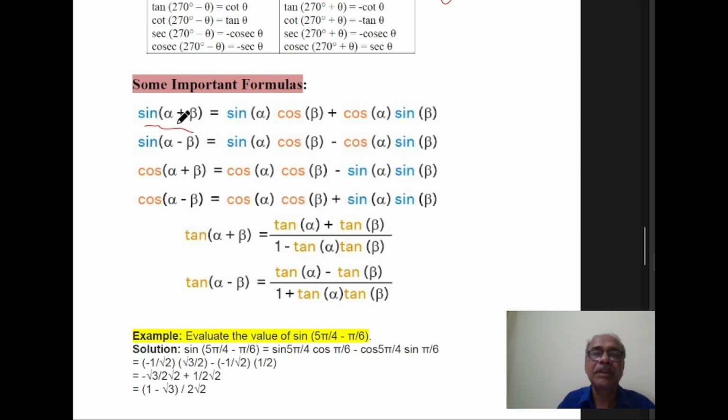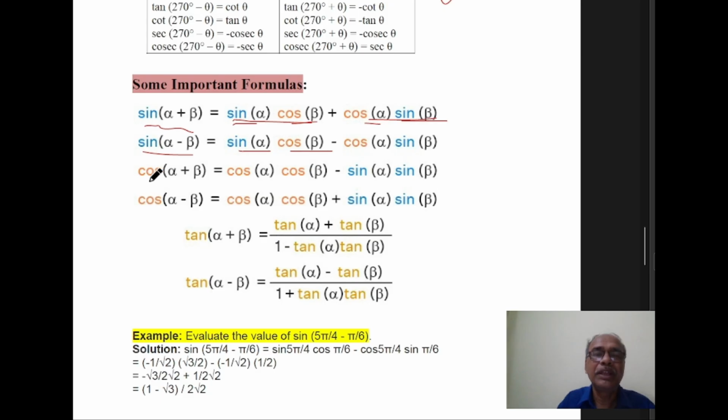You see sin alpha plus beta equal to sin alpha cos beta plus cos alpha sin beta. And if you go to sin alpha minus beta, here sin alpha cos beta, only the sign will be changed, minus here you see. So when you get sin alpha plus beta or alpha minus beta, it will be sin cos and cos sin.